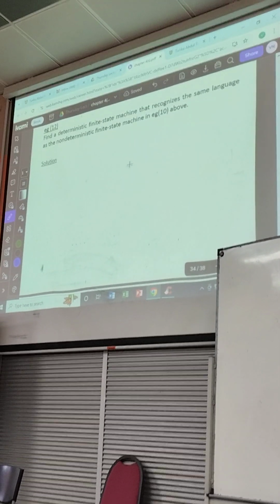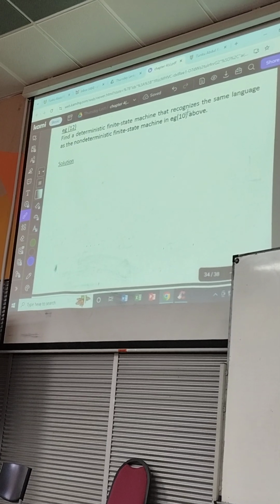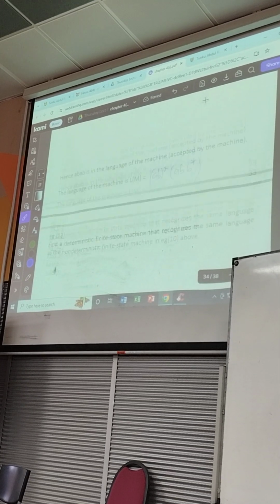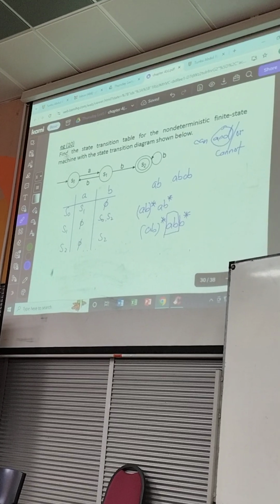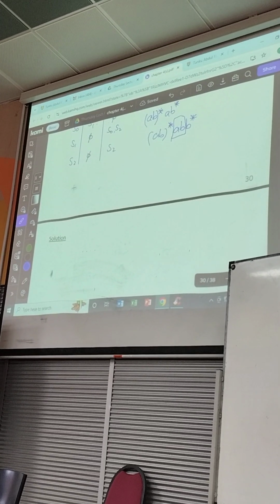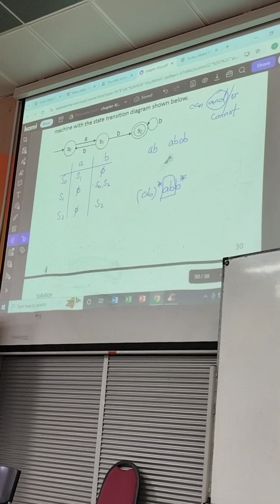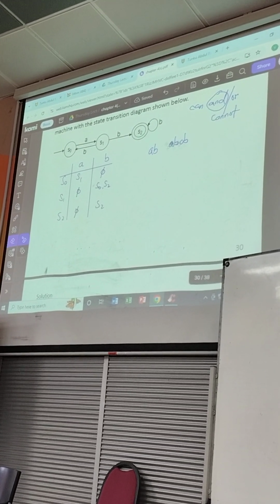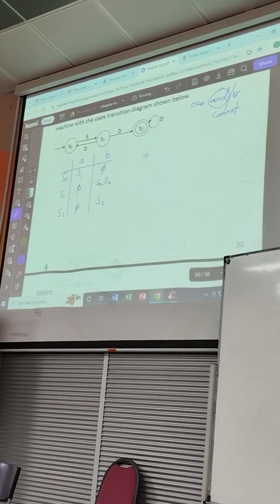Now, this question here, as in example 10, we can try to convert this one. Okay, I write this part here. So that is the last one. Very easy only, this one. I stop after this. So now we start with S0.